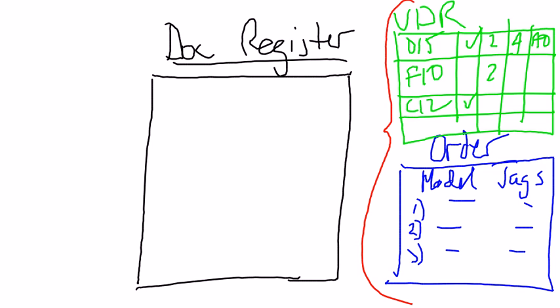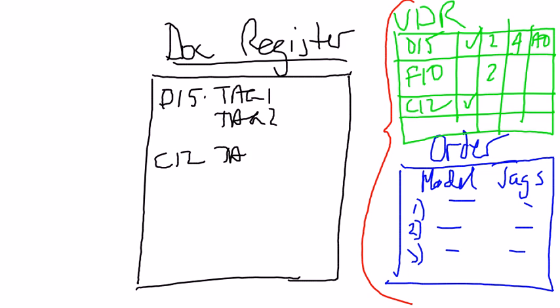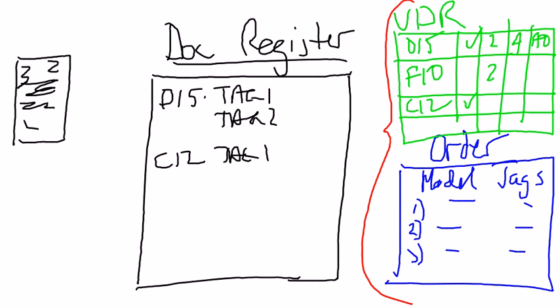And what we end up with is something like this, where we have a D15, tag 1, tag 2, C12, tag 1, etc. So where it ties in is when the vendors go to upload those documents that they've created through the manufacturing process, they must connect it directly to one of these very specific tags during the upload process.